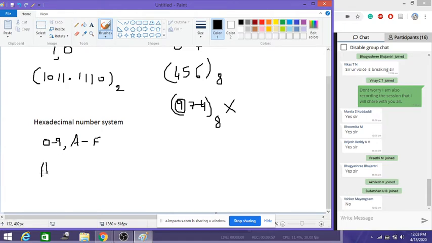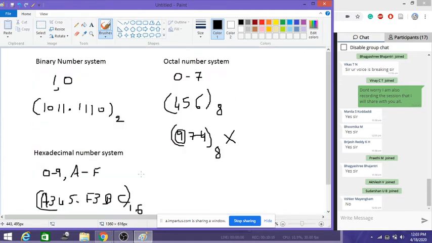For example, I can write A345 dot F3BC. This is a hexadecimal number, represented as base 16, right? Now let us look at all of this together on the next page.